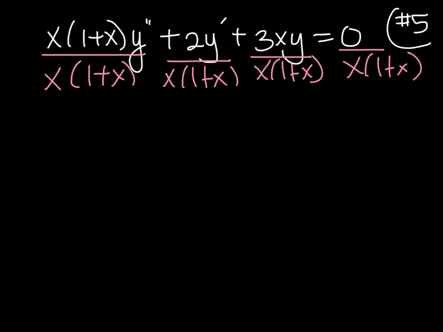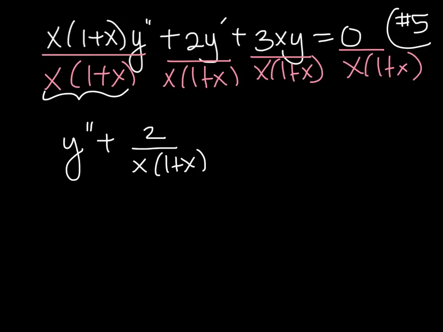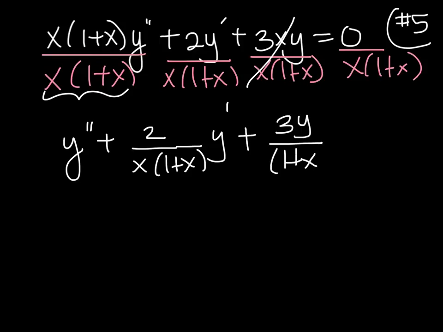So we're left with y double prime plus 2 over x times the quantity 1 plus x, y prime plus 3y all over 1 plus x, equals 0.